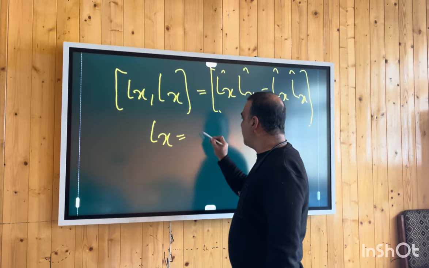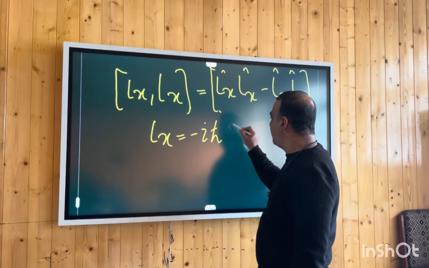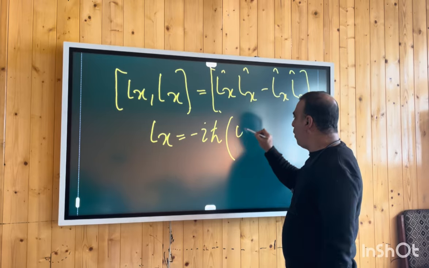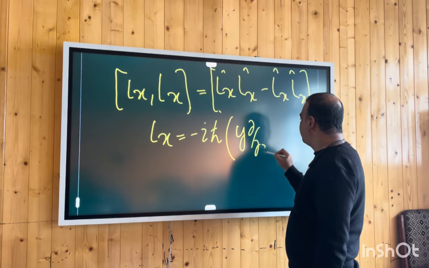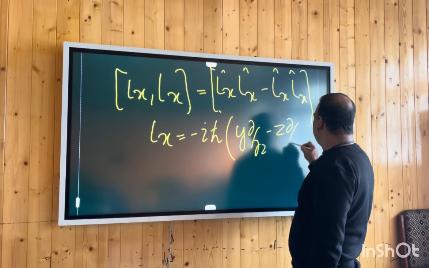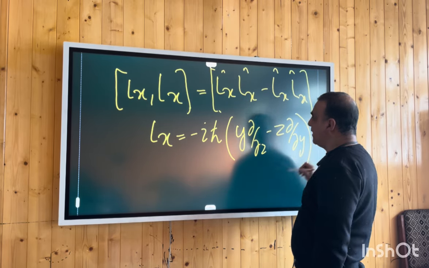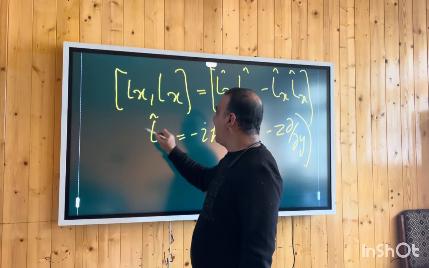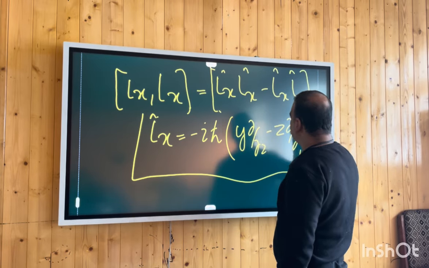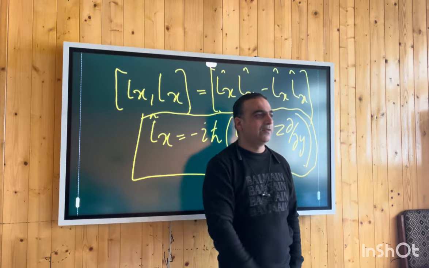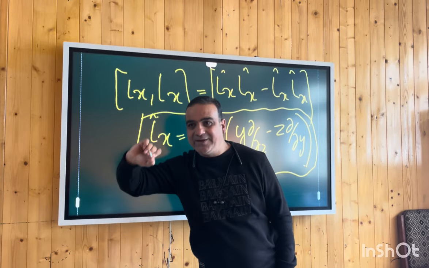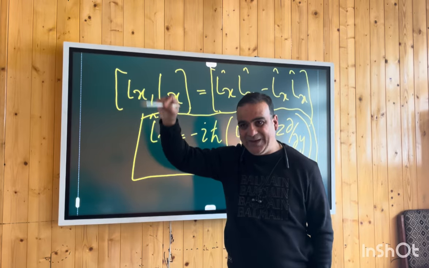Lx is minus i h bar times (y ∂/∂z minus z ∂/∂y). This is your angular momentum operator. And you rightly remember angular momentum is r cross p, okay?